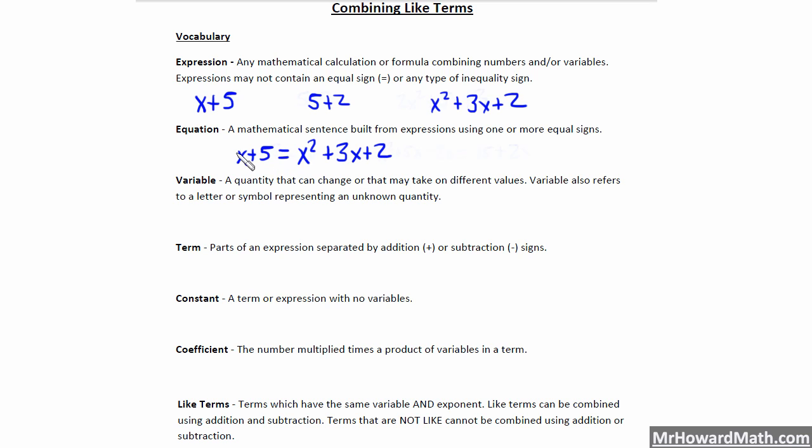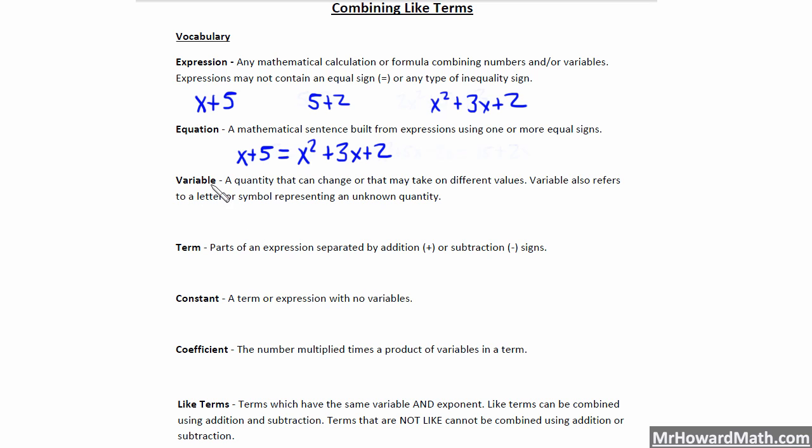So this component right here is an expression, and this is an expression. Once we set them equal to one another, they together become an equation. Okay?